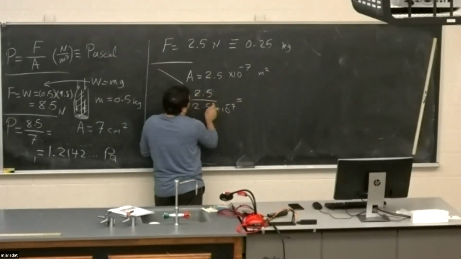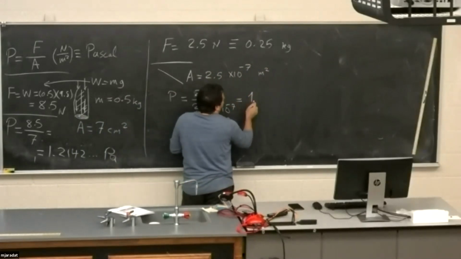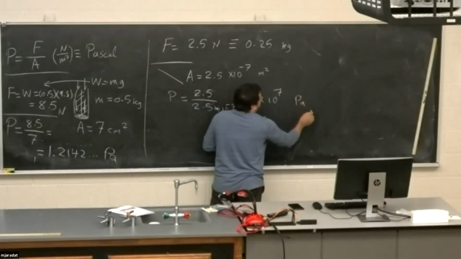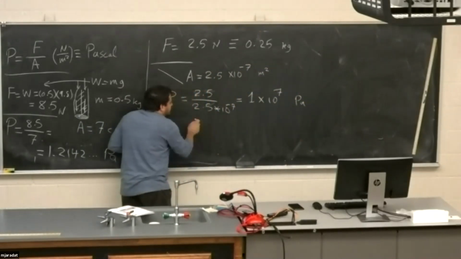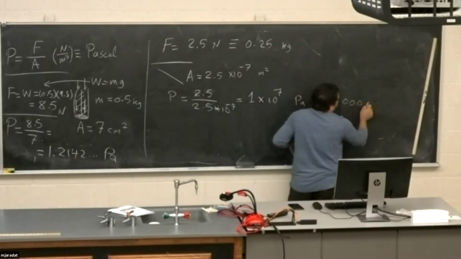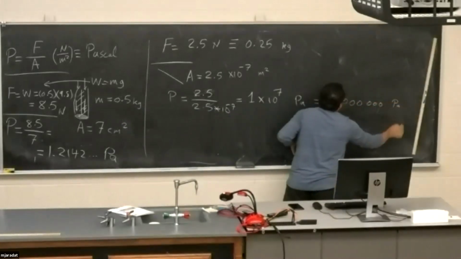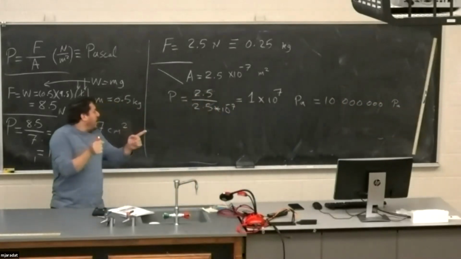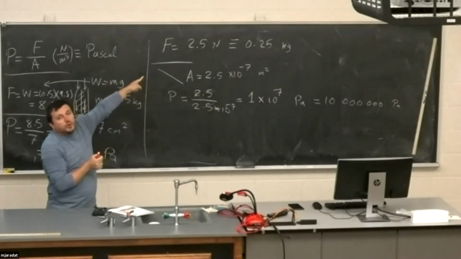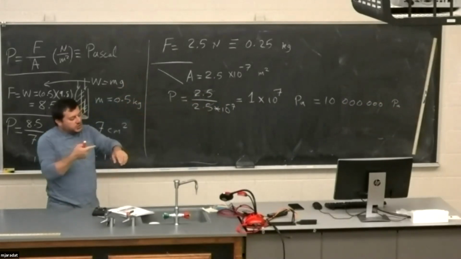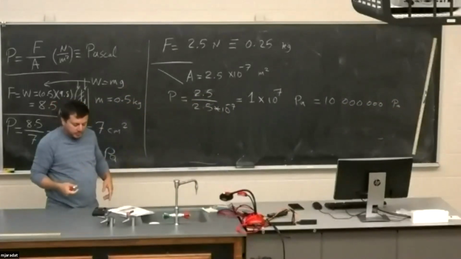This will cancel with this. This will go up. It will be 1 multiplied by 10 to the 7 Pascal. It is 10 millions. When you use a needle and just push by 2.5 newtons, it is 10 million Pascal. Because of that, they use it to inject anything inside our blood.